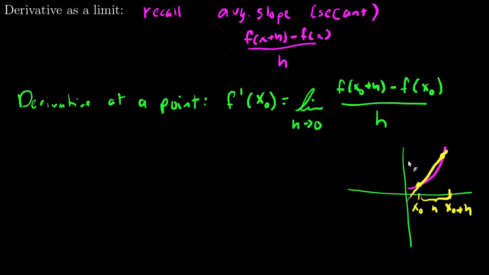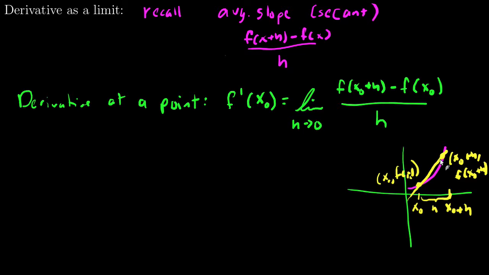This is just slope formula, going from the point x naught, f of x naught, to the point x naught plus h, f of x naught plus h. Okay? And here's the trick.